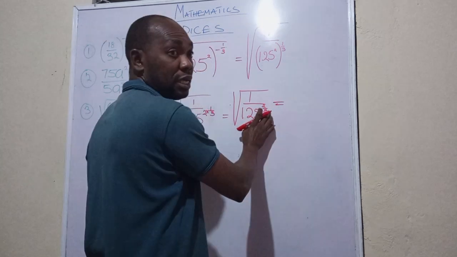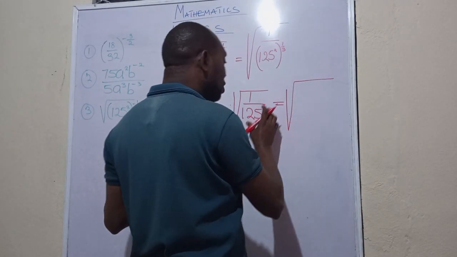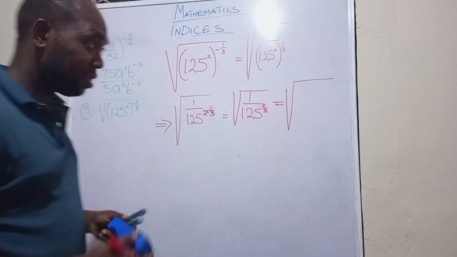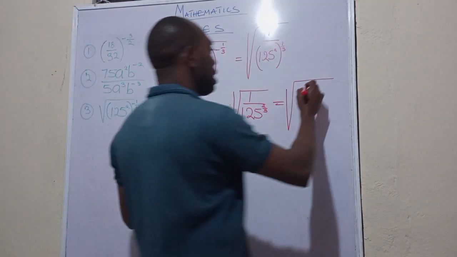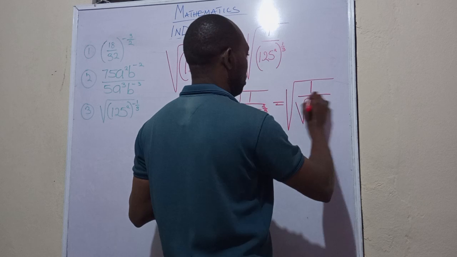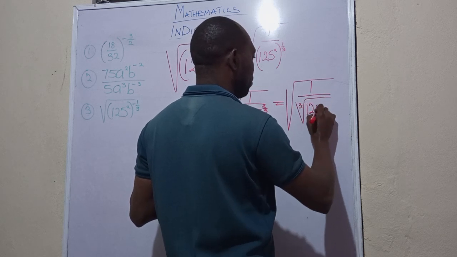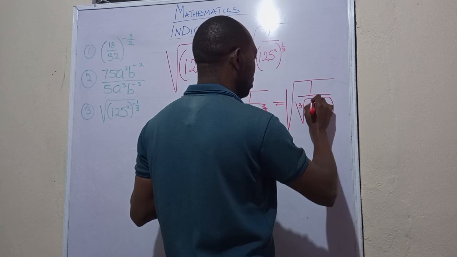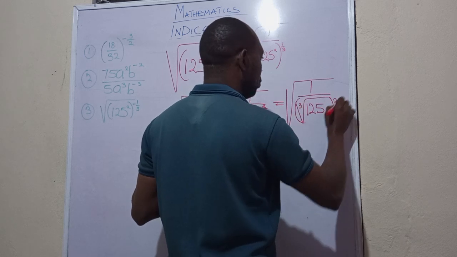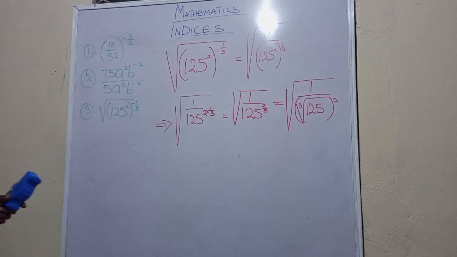There's a rule here which now gives us, we can express it that way as the square root of 1 all over the cube root of 125, all raised to the power of 2, if you can see it.